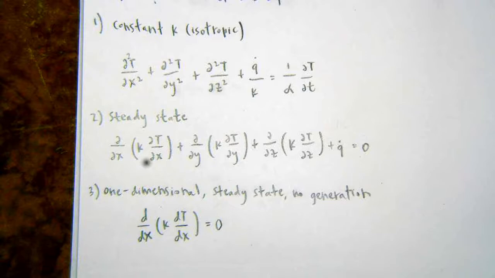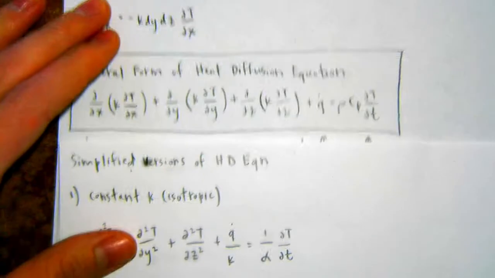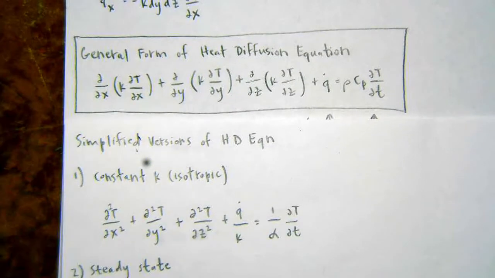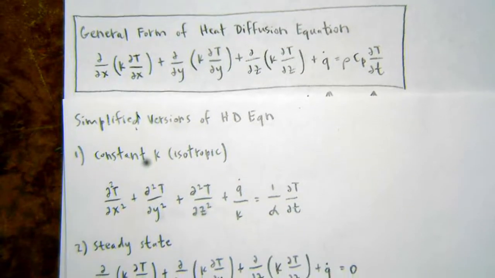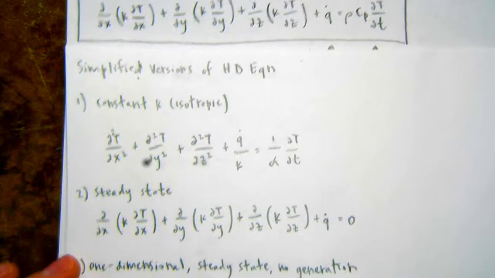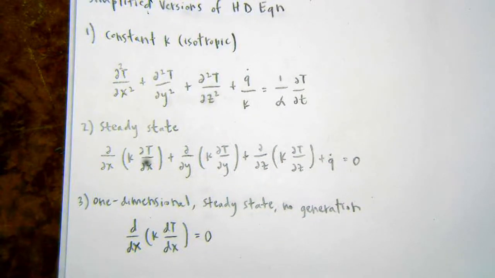And if those assumptions are not applicable to your problem, then you're going to end up with the wrong answer. So it's best to start back with the general form, the boxed one, and then go from there. Any questions? Does everyone see how we got from here to here on all of these? Okay.